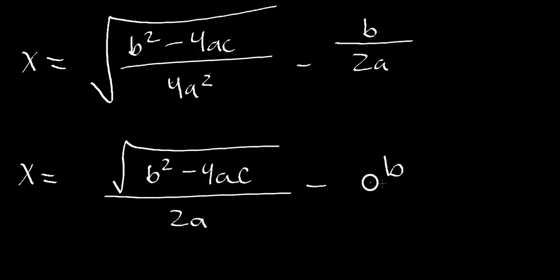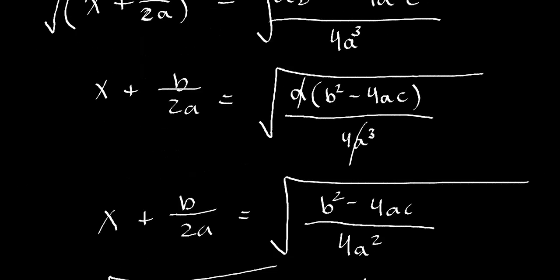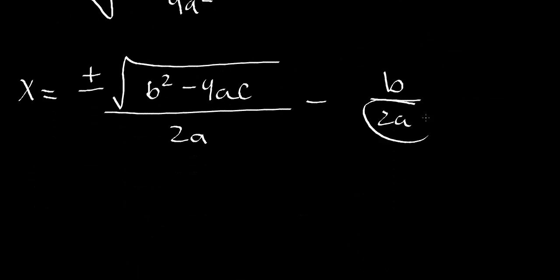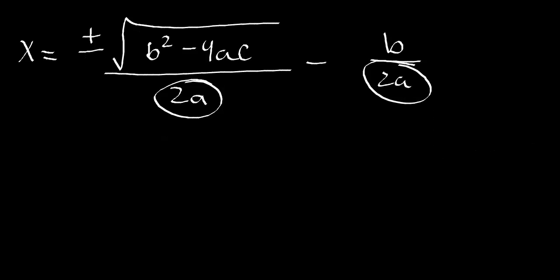Minus b over, well, remember, I forgot completely to add this. When you square root, you're taking the positive and the negative square root. Okay, please never forget that. Minus b over 2a. And look at this, we got the same denominators. Let's put it under the same denominator. One denominator.